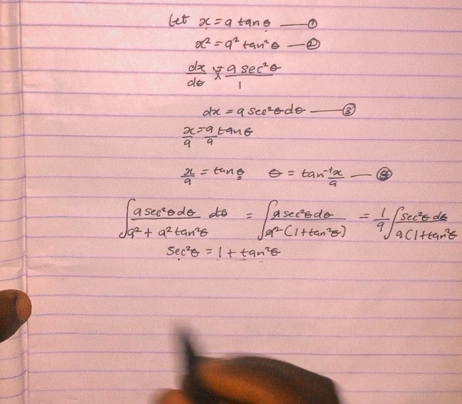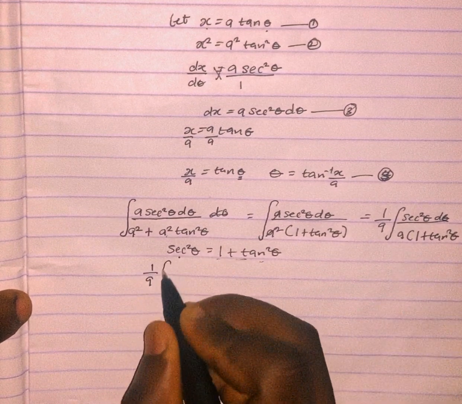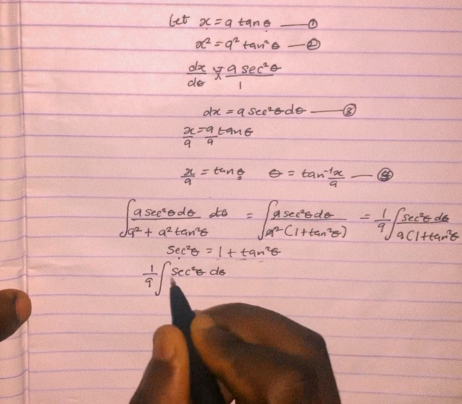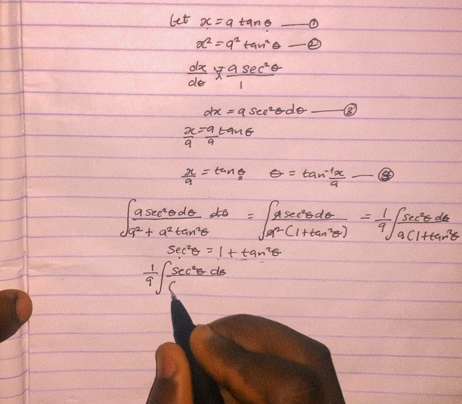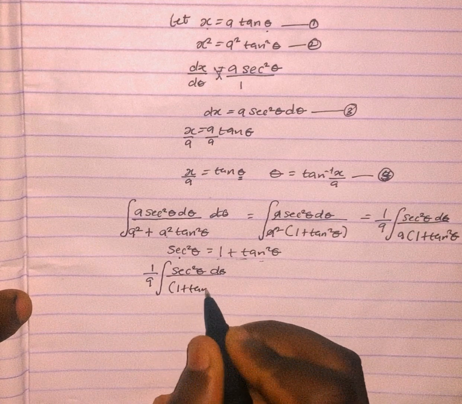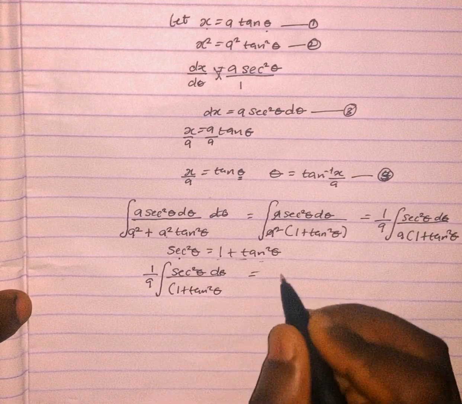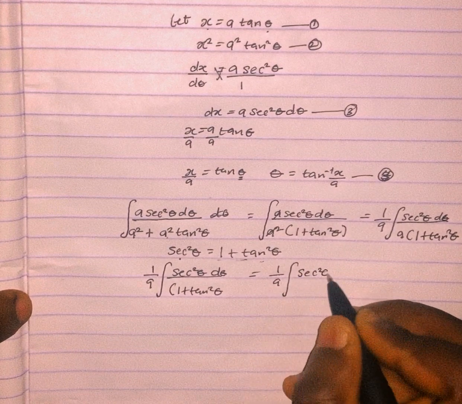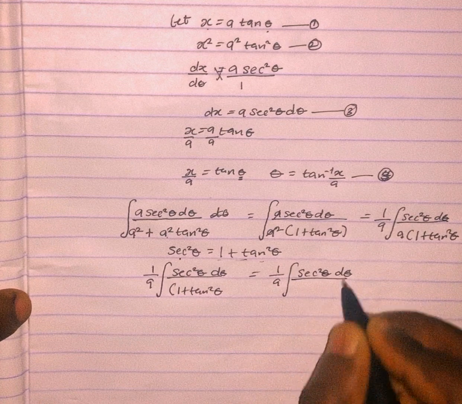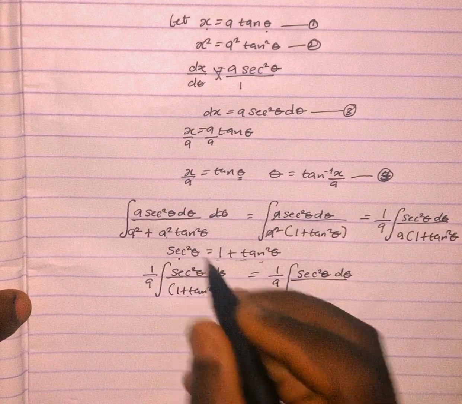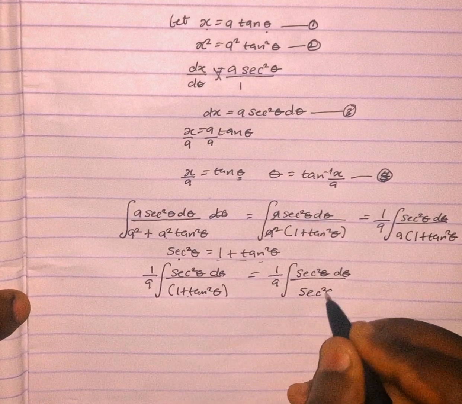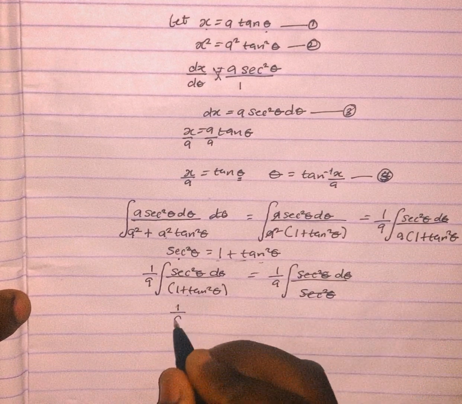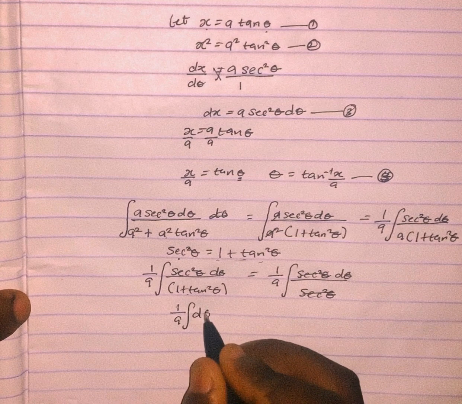This integral will change to 1 over a integral of sec squared theta d theta divided by sec squared theta. This cancels this, so that we have 1 over a integral of d theta.